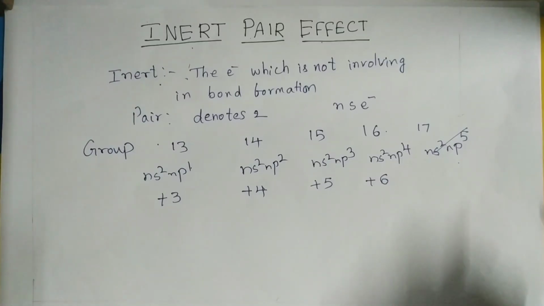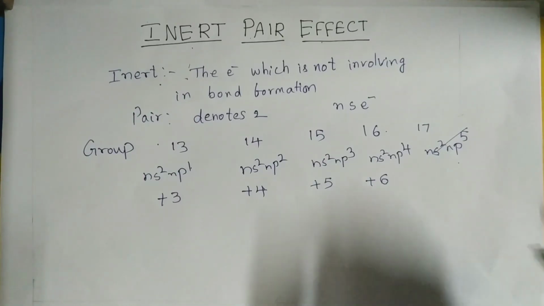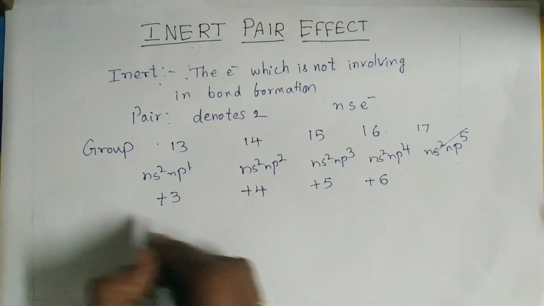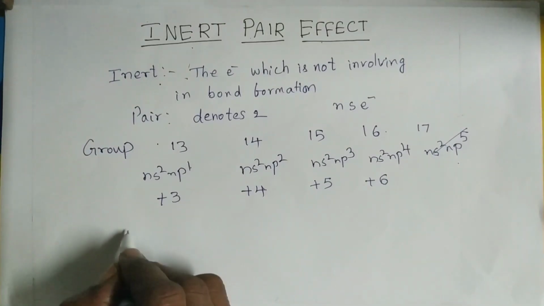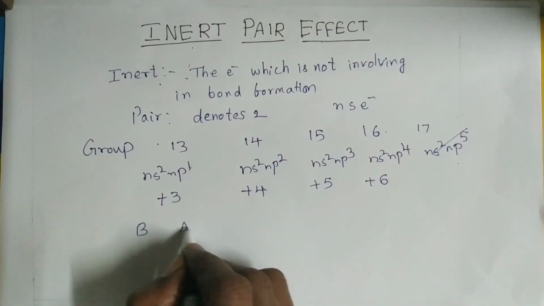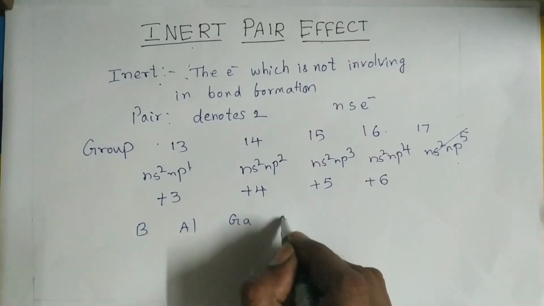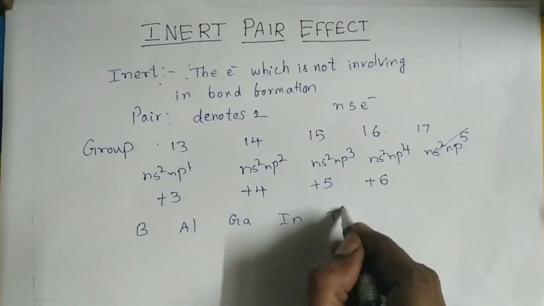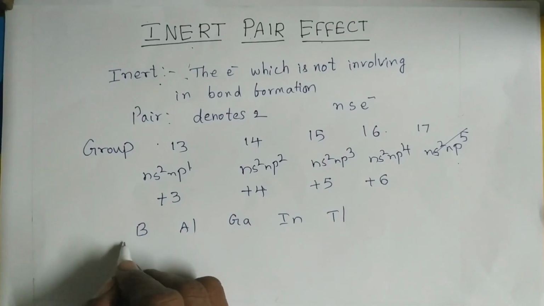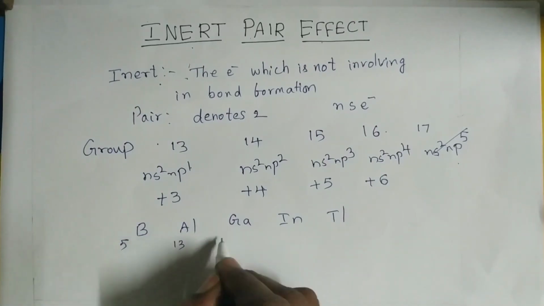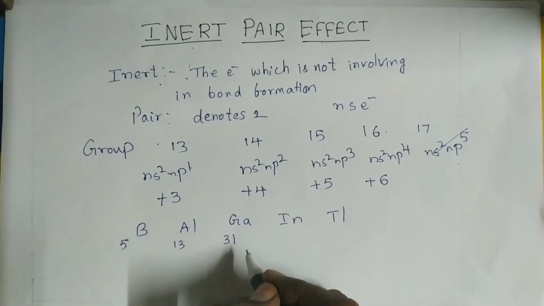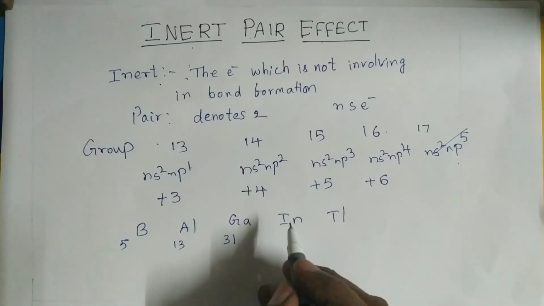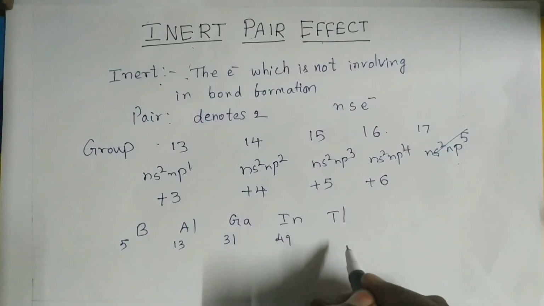The maximum oxidation state is not shown when coming down the group. Take for example boron, aluminium, gallium, indium and thallium, with atomic numbers 5, 13, 31, 49 and 81.